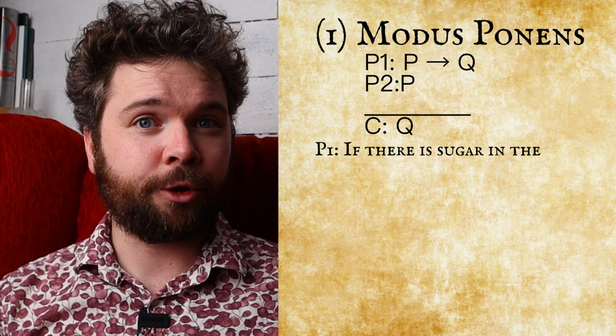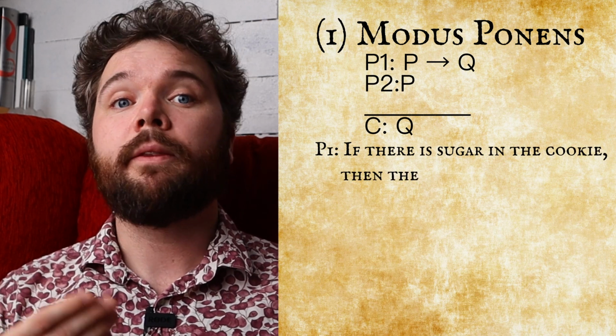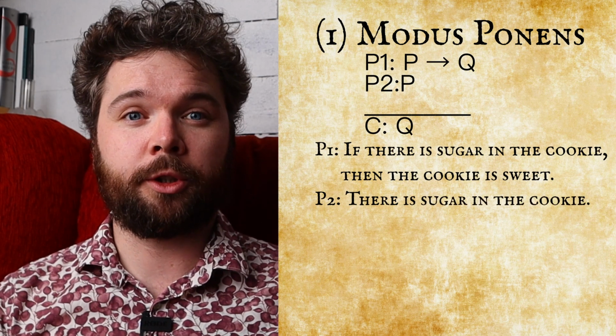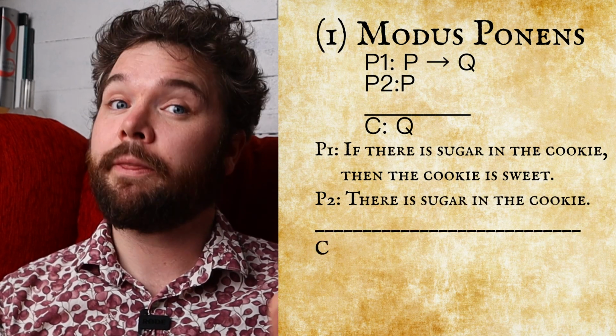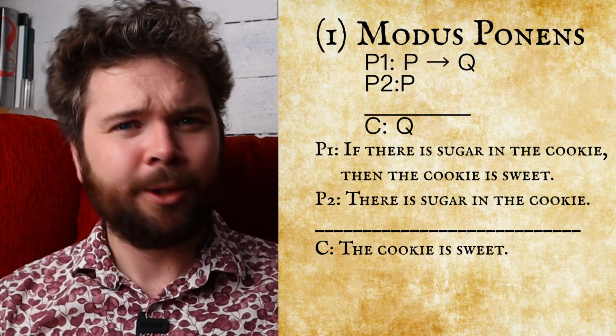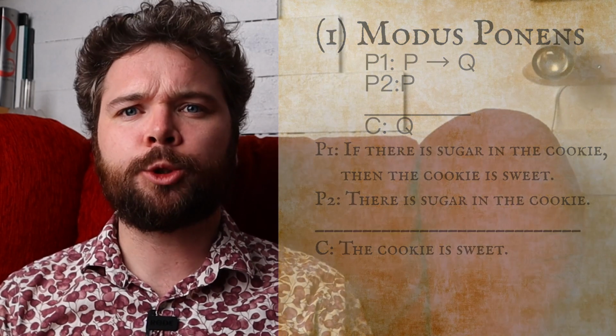So here, the whole argument can be translated to: if there is sugar in the cookie, then the cookie is sweet. There is sugar in the cookie, therefore the cookie is sweet. Is this valid? Well, yes, but let's look at the truth table to see if it is.